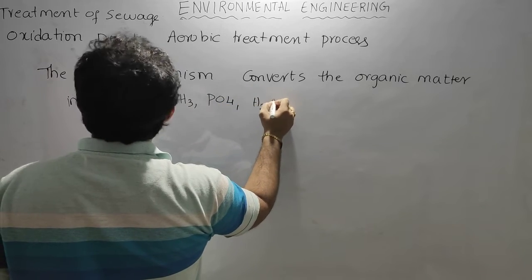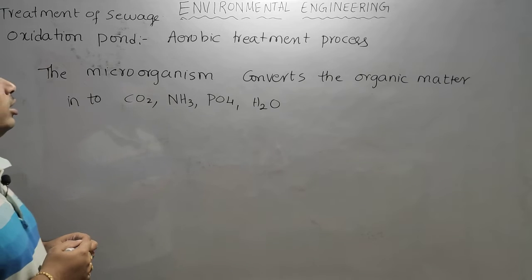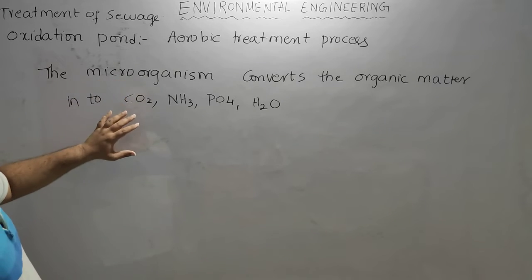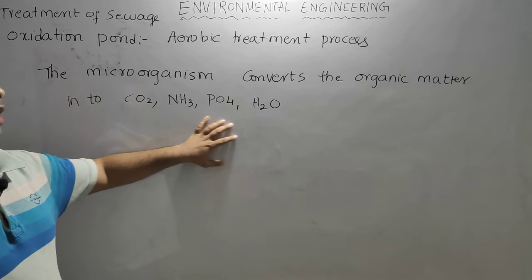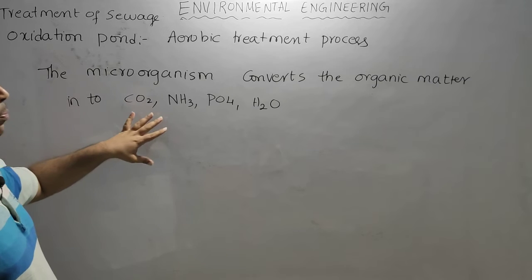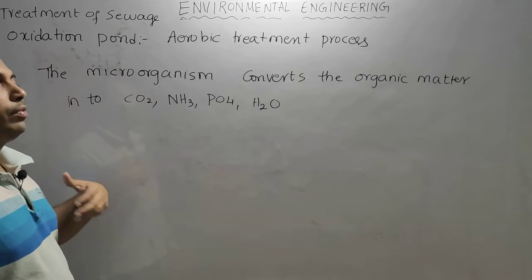So these are the byproducts that will be coming during the decomposition of the organic matter. So the microorganism will convert the organic matter into these nutrients. These are plant nutrients, not for us, they are plant nutrients. So by taking these nutrients the plant will grow.